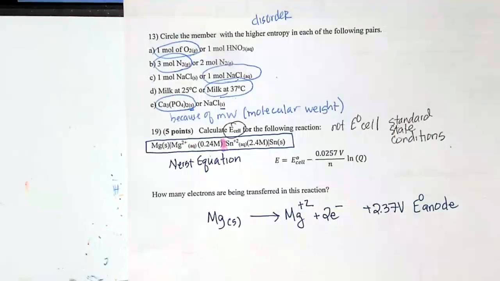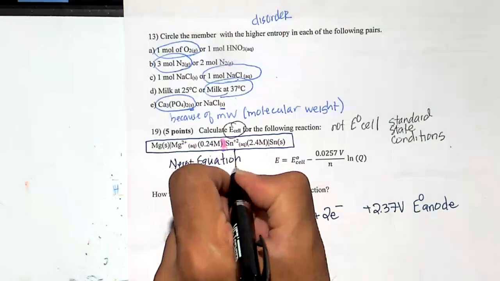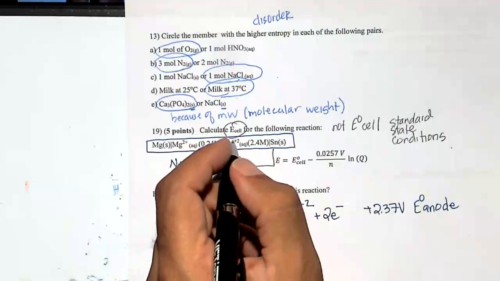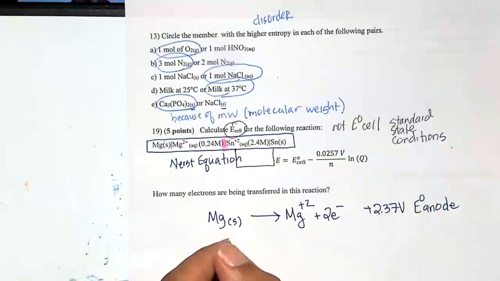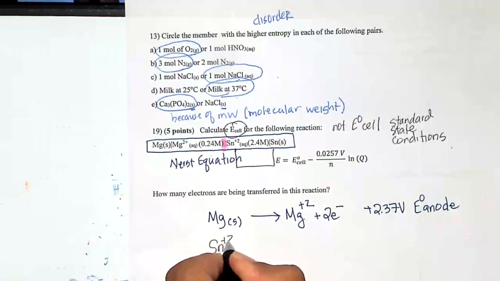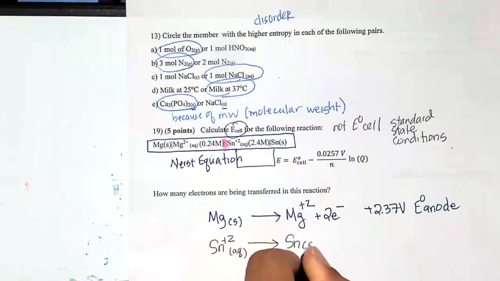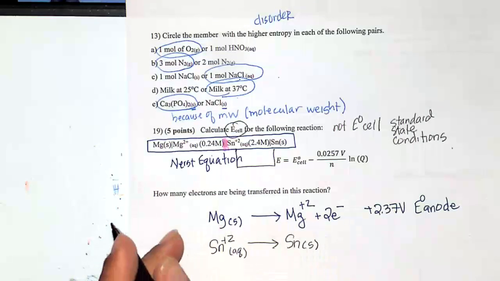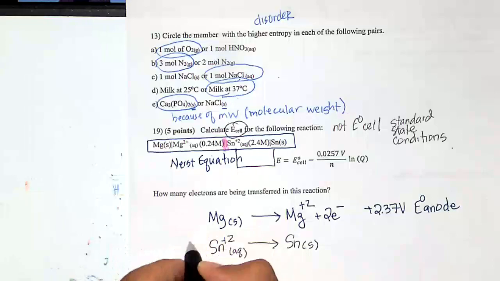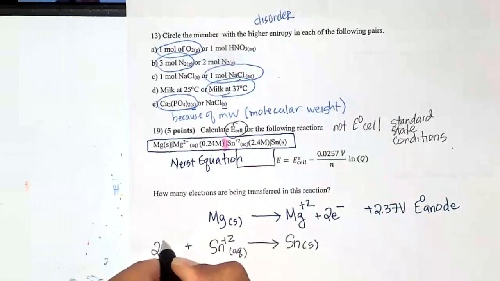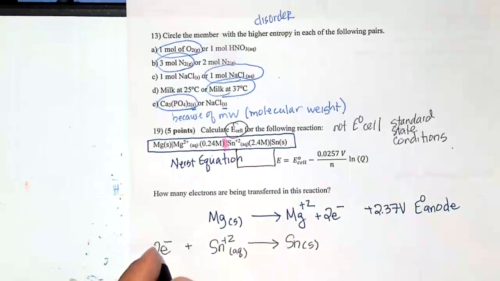The cathode is going to be this. We have Sn plus 2 going to Sn solid. How many electrons and where should we put them? We're going to put 2 electrons on the reactant side. Is this reduction or oxidation?